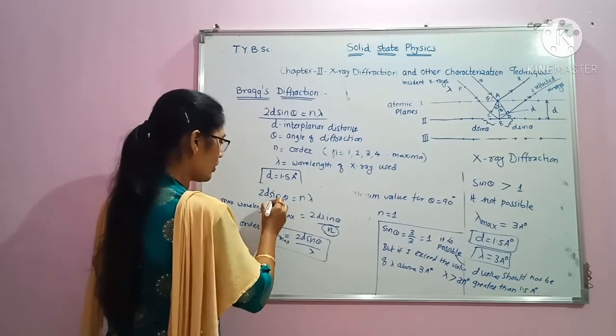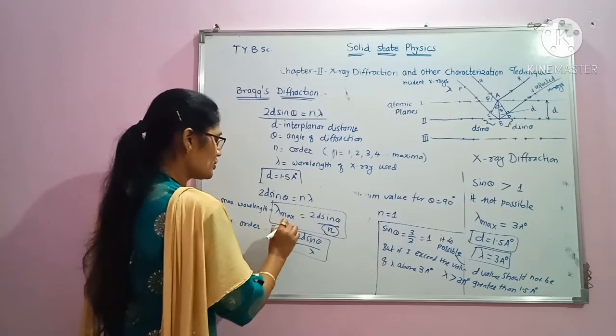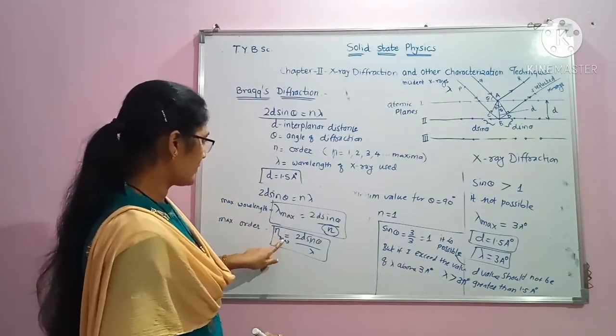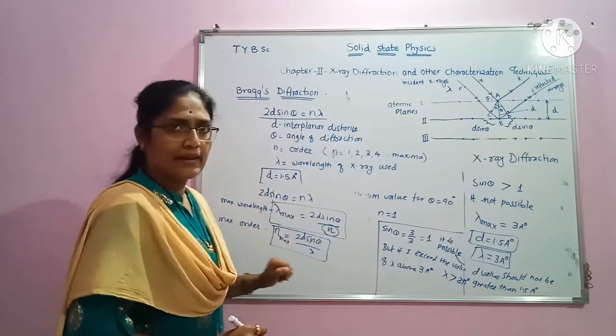So from Bragg's law we have obtained these two formulae. n is equal to 2d sin theta upon lambda.